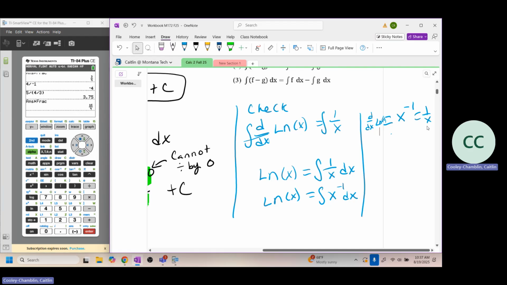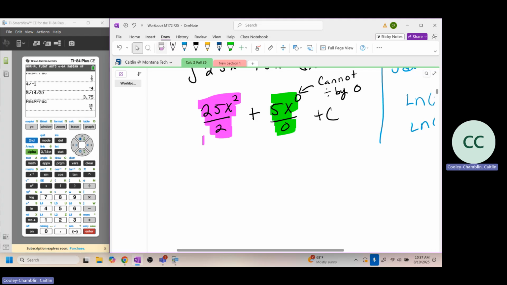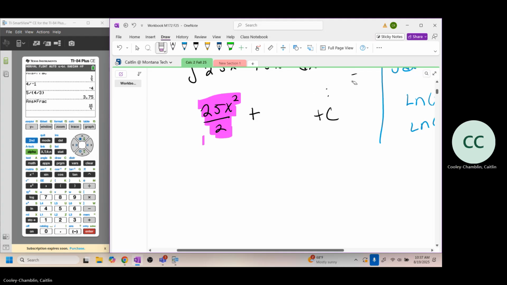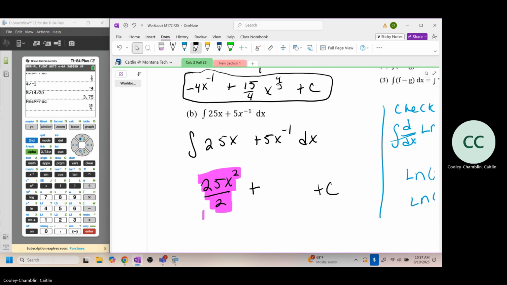So my antiderivative of 1 over x is ln of x. I kind of like using that approach better. So we're going to erase this. I'm erasing. You guys didn't write it. Now you guys can write this down. We see 5x to the negative 1. And so this is 5 ln of x plus c.